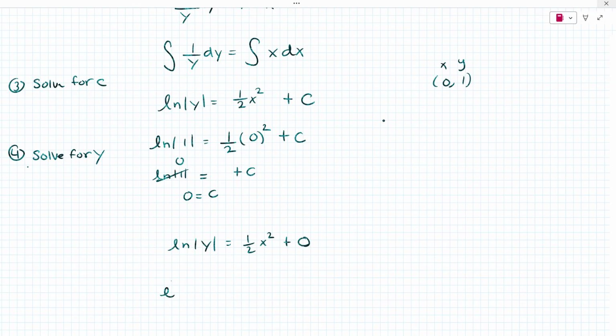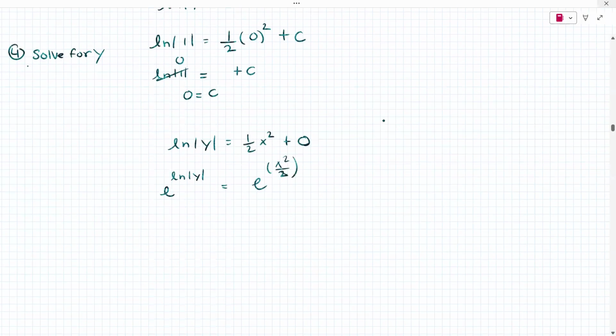So e to the ln of absolute value y equals e to the 1/2 x squared, which is the same thing as x squared over 2. So on the left, e and ln are inverses. That's good because now that just gives you absolute value of y, which is really just positive y. And then on the right, it's just e raised to the x squared over 2.